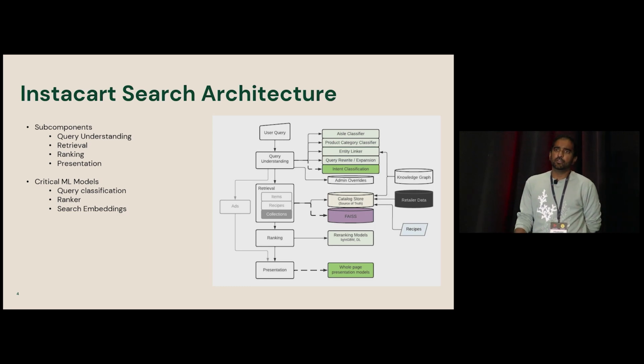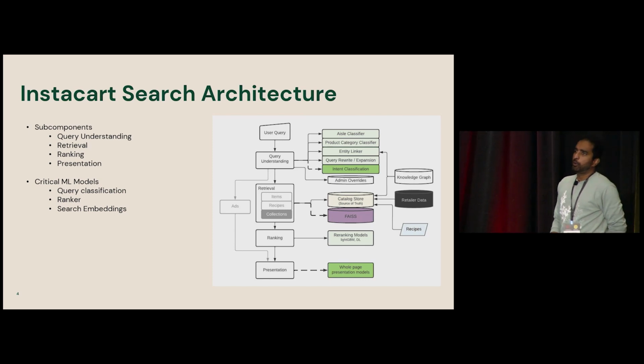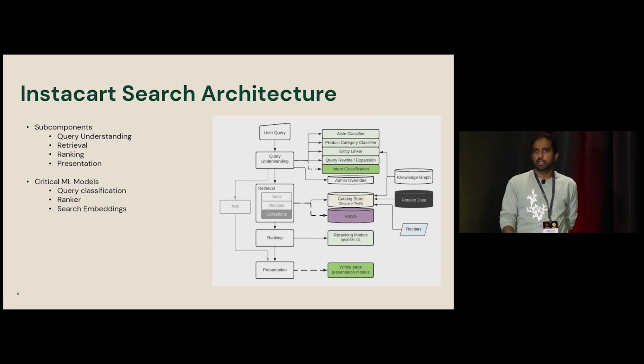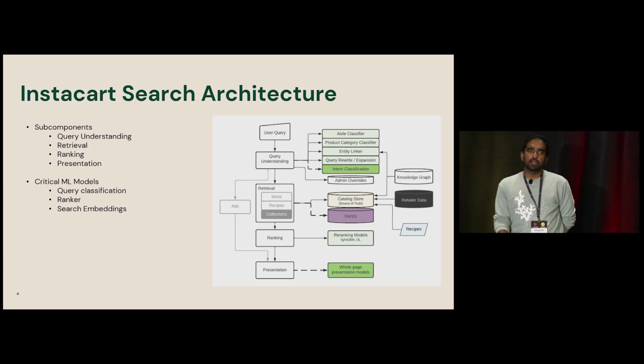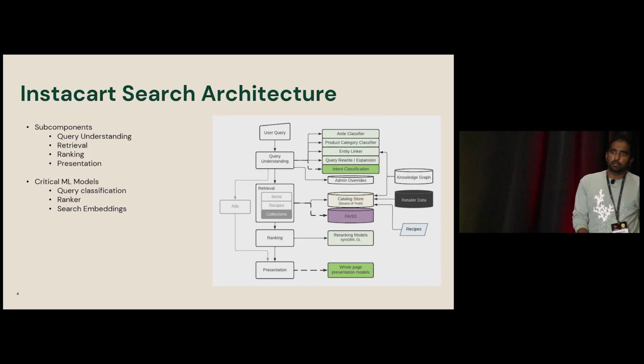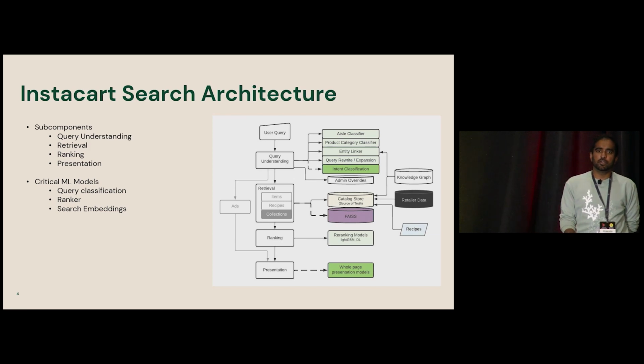And once you have those user signals, we try to retrieve all the relevant products and then send them to a ranking layer. This ranking layer is usually a multi-stage ranking with different objectives in different layers. And then finally, the presentation. Depending on the context, like user, query, and platform, whether it's an iOS app or a web app, we decide what the layout needs to be, and then we finally present the results to the users.